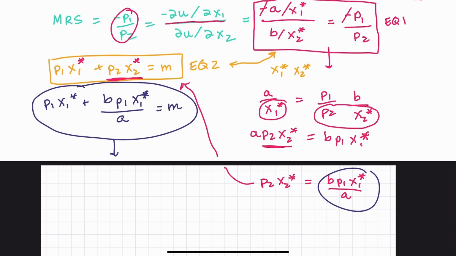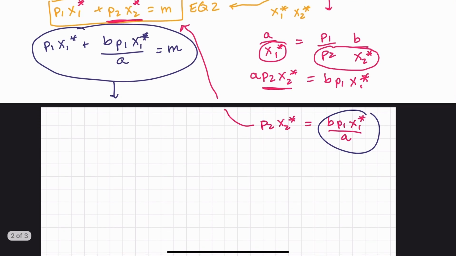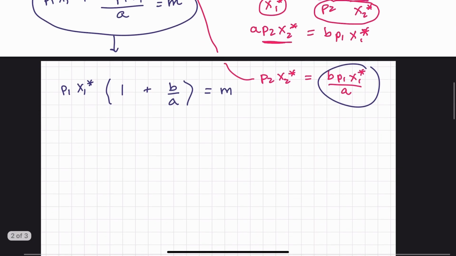Now I finally have one equation and one unknown. I just have X1 star to solve for. So let's solve for X1 star. Let's see, I have a P1 X1 star times 1 plus B over A equals M. I want to find common denominators so that I can have one term here.